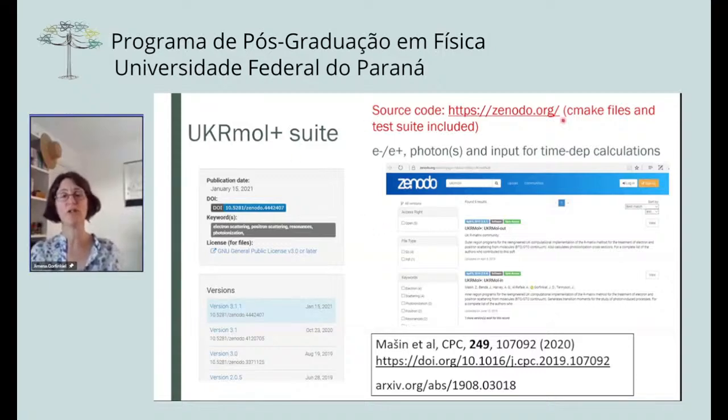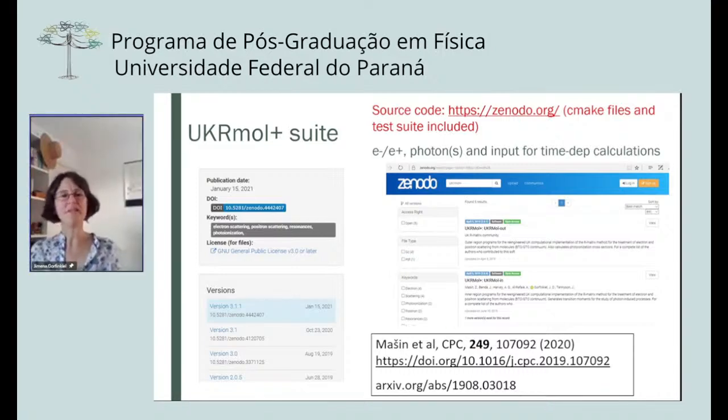You can go to Zenodo and download them, and every time we make significant changes or improvements to the codes, we release a new version that can be downloaded. This code can be used to study electron scattering, but also positron scattering without positron information, and photon-induced processes, as I will explain later, if I've got a minute.